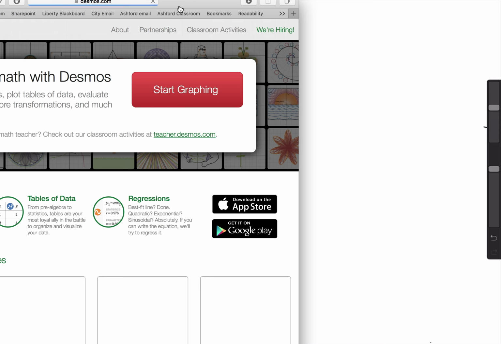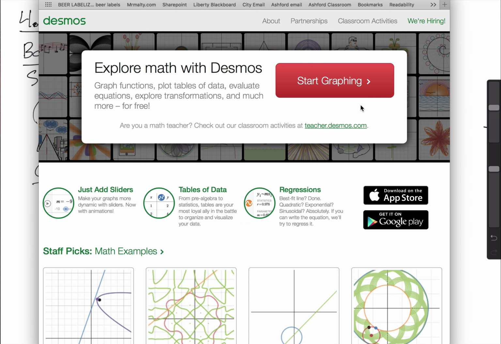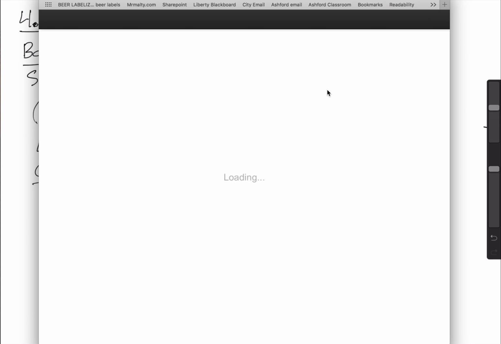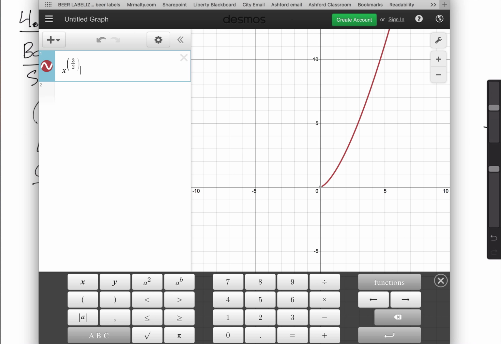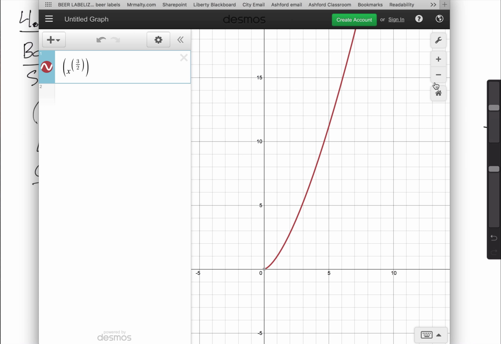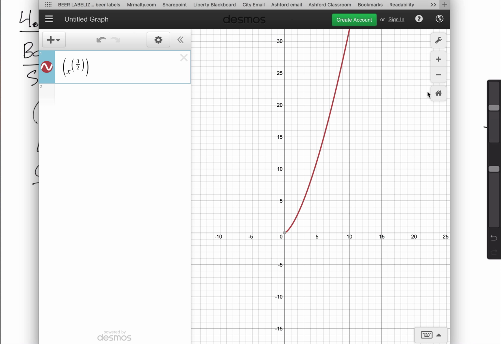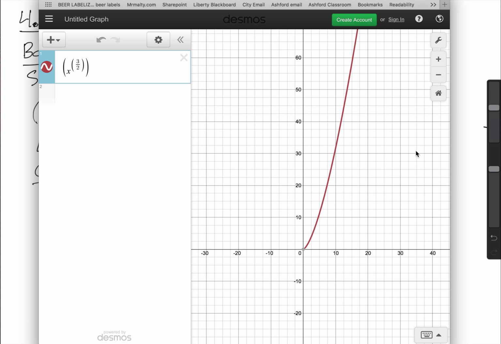Let's graph it. Let's ask Desmos what it looks like. It only goes up. Okay, so it looks kind of like that.